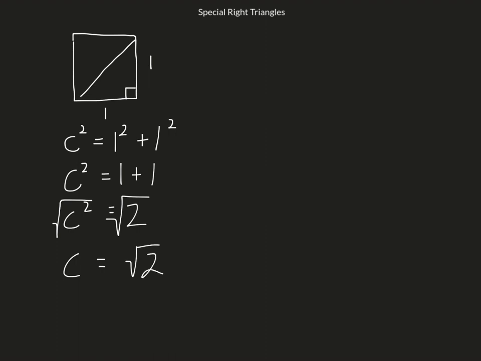More importantly, it is 1 times the square root of 2. And yes, this is the same idea. So let's take another. If I tell you that this is a right angle and that these two sides are congruent, those are marks of congruence, we know that this must be what we call a 45, 45, 90 triangle.